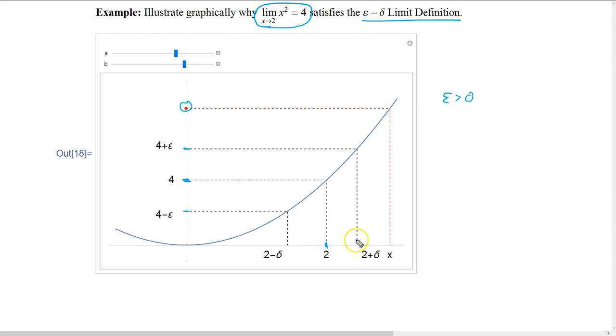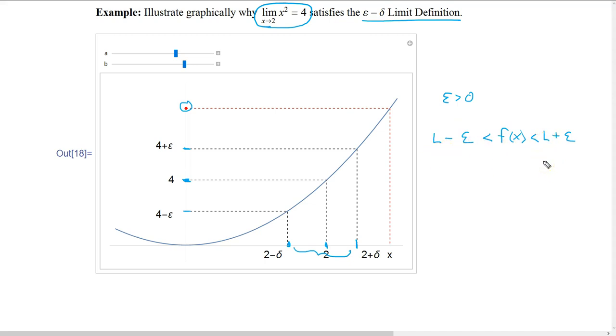It does look like there is a neighborhood around 2, a region around 2 right here, where as long as I pick x within delta units of the number 2, f of x will stay within this band over here. It will stay between 4 minus epsilon and 4 plus epsilon. Remember, that's what we want. We want the f of x to stay between L plus epsilon and L minus epsilon. In this case, the L is 4.